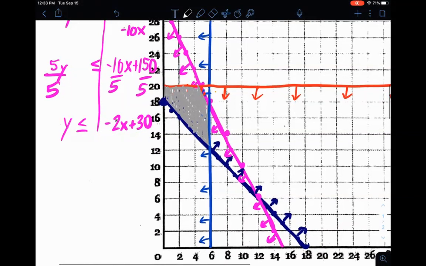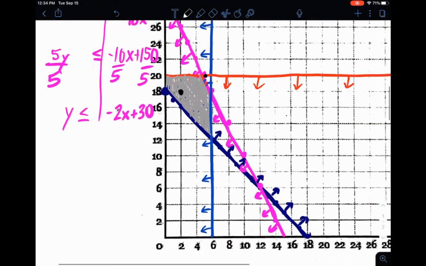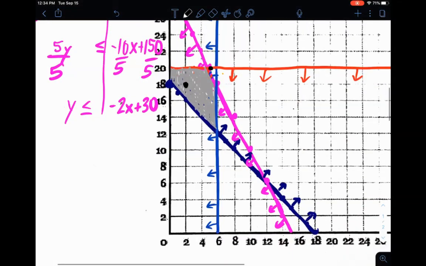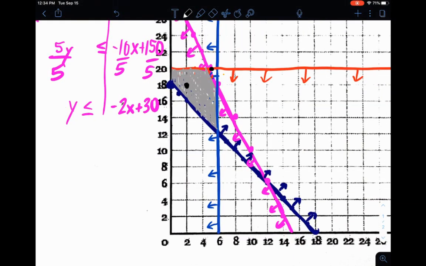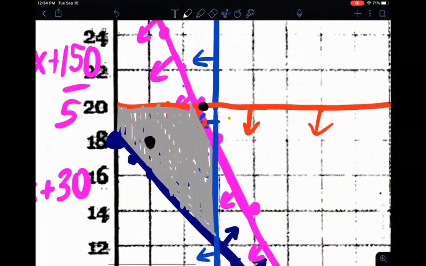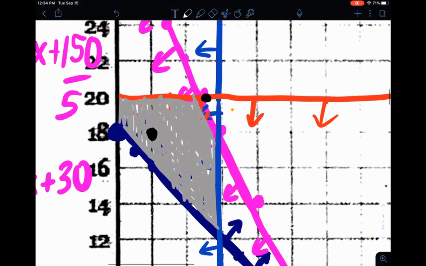Okay, so 218 would work. Yeah. 120. That one's a little bit harder to tell. So if it lies in this little triangle piece, it wouldn't be a solution.